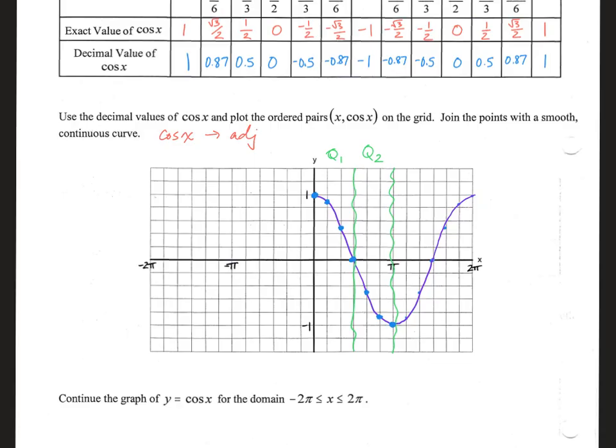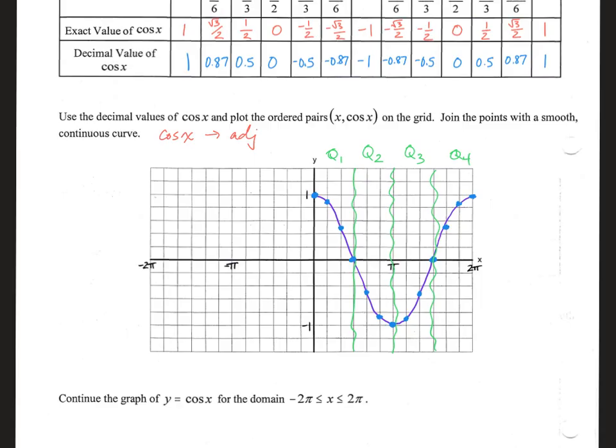Right away again then, my adjacent side is going to start to get smaller and smaller until I have no adjacent side when I get completely vertical at 3 pi by 2. And as soon as I cross 3 pi by 2, I get another adjacent side, and I'm back to having the longest adjacent side I could have when I get back to 2 pi.